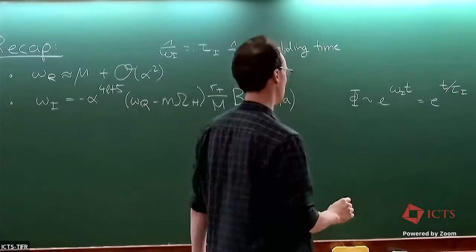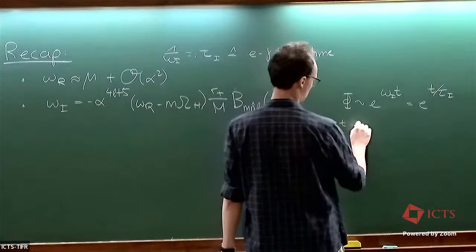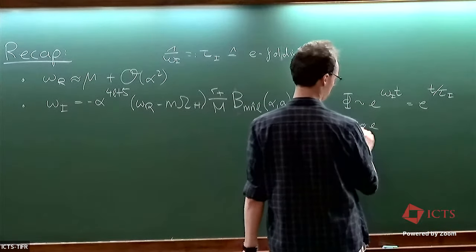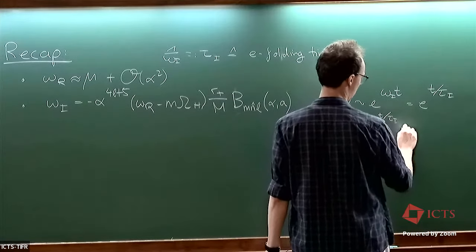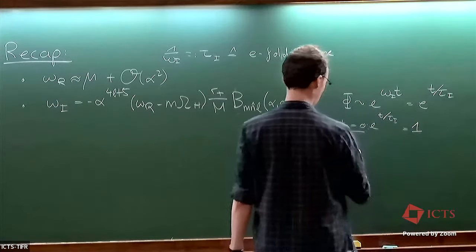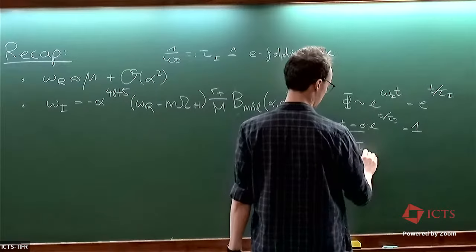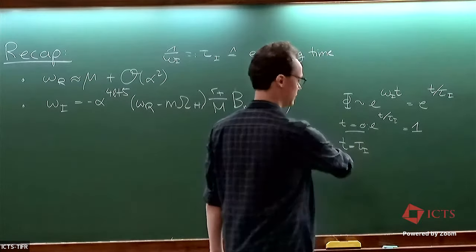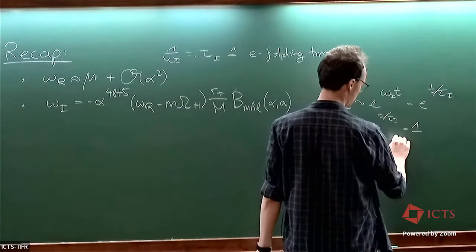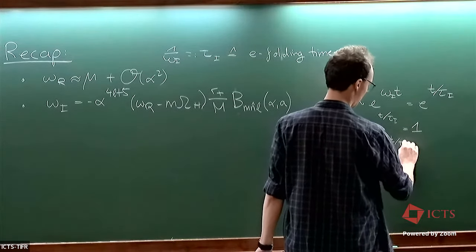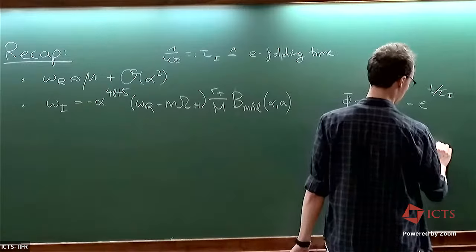Okay, so at t equals 0, e to the t over tau I is just 1. And then at t equals exactly tau I, then e to the t over tau I is equal to e to the 1.